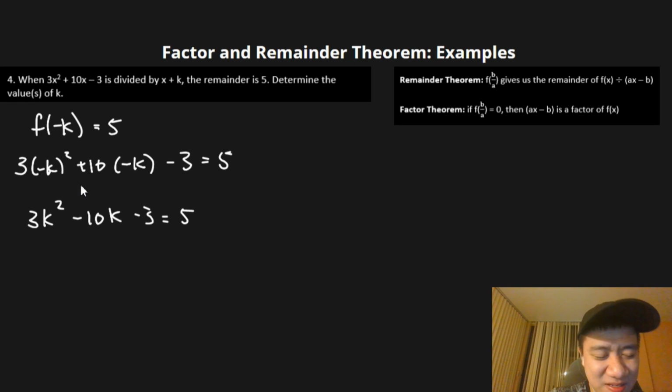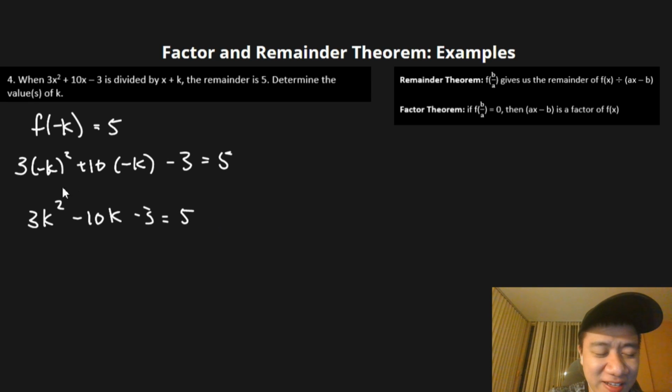In this case, if we take a break here and look at what we have, we have 3k squared minus 10k minus 3 equals 5. This looks like a quadratic equation in k, because we have a k squared term, and the rest of our terms are less than degree 2.